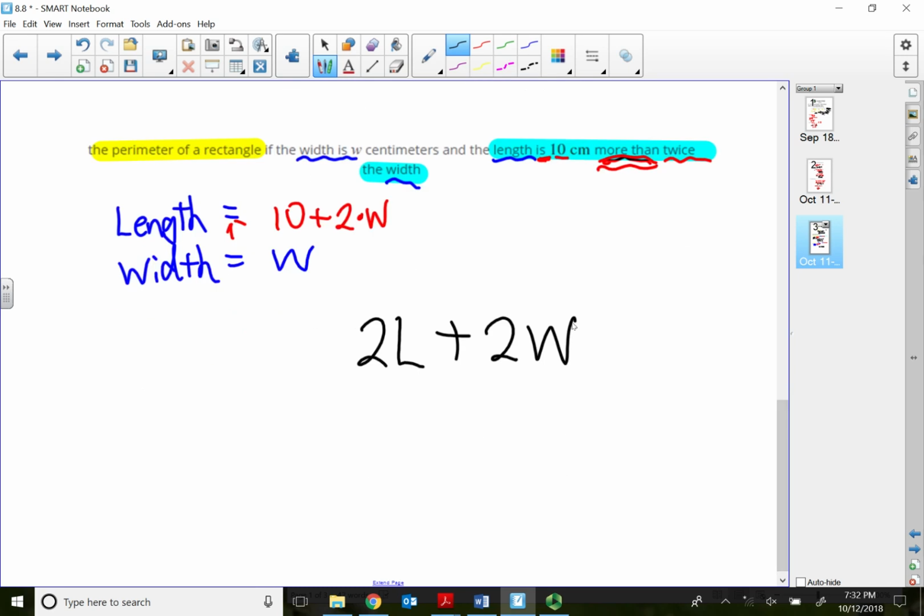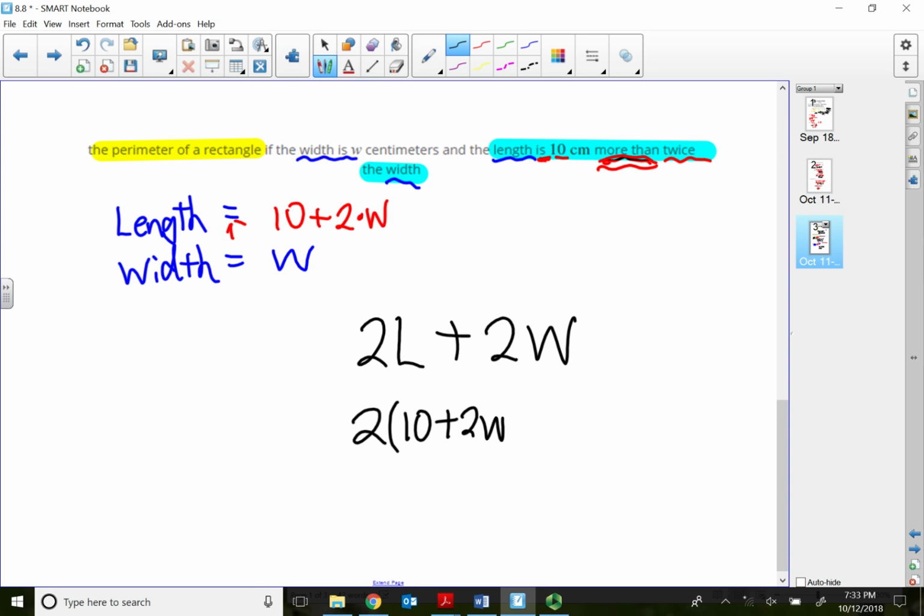All right, so let's write in what we translated. Don't simplify, okay? So 2 times L, the 2 comes with the formula, so that will be 2 times. I just translated length to be 10 plus 2W. Since 10 plus 2W is two terms representing one item, we always put those two terms in parentheses.